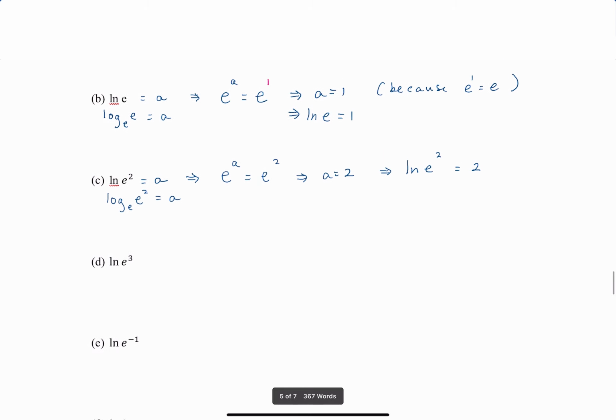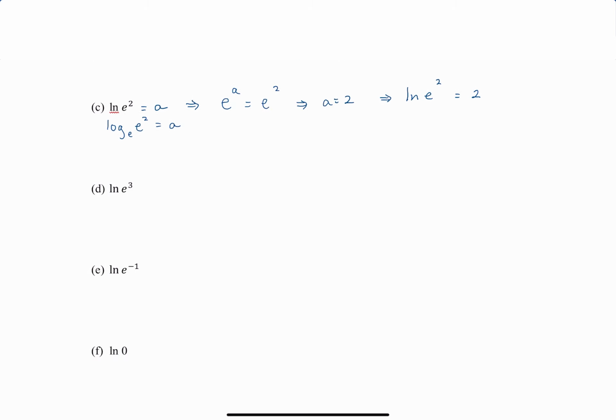Let's try a couple more powers of e. What about ln of e cubed? Let's call that a for answer. Another way of saying this is log base e of e cubed is something I'm looking for that I've decided to call a. That allows me to translate this into an exponential equation, and this would say e to the a, right?